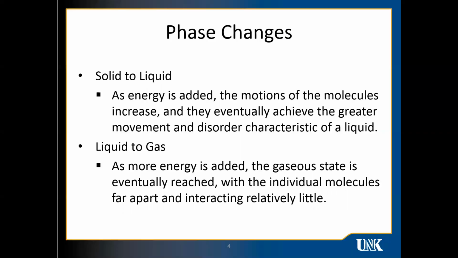And as the solid is warmed, that vibration becomes greater and greater until eventually the solid melts, and those atoms or molecules achieve a greater degree of motion we call fluidity. Now, in a liquid, molecules can flow past each other, over each other, with much less resistance.